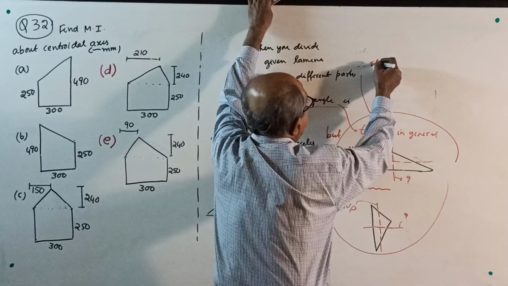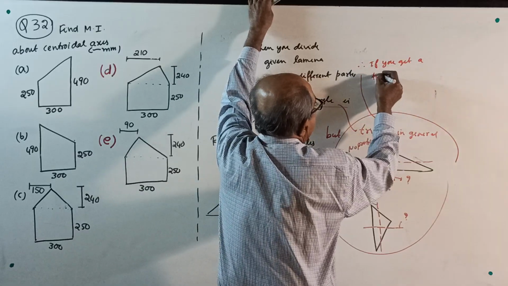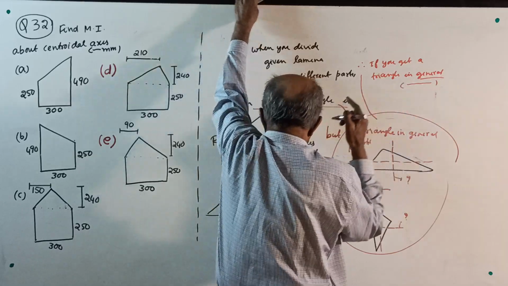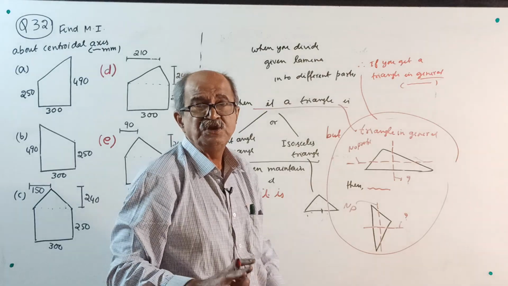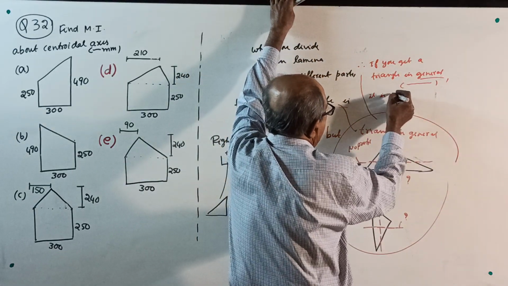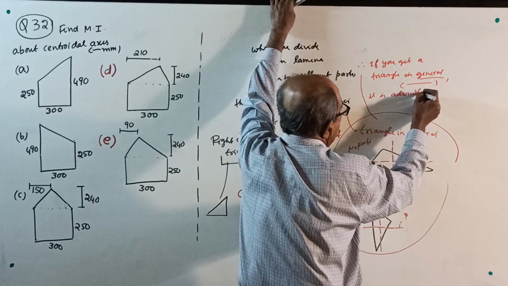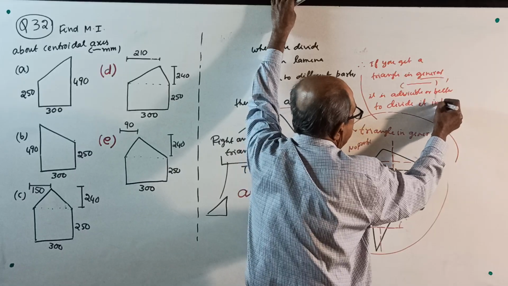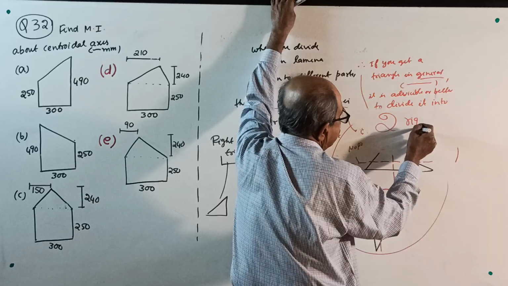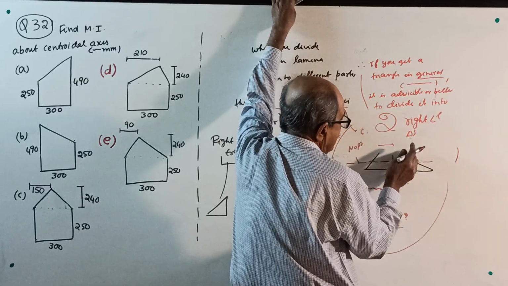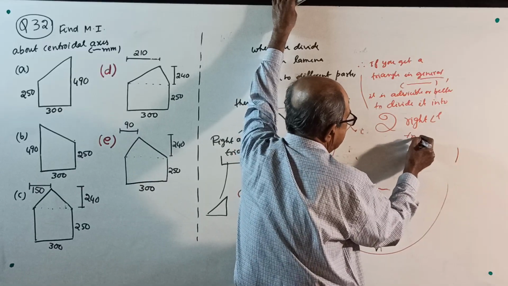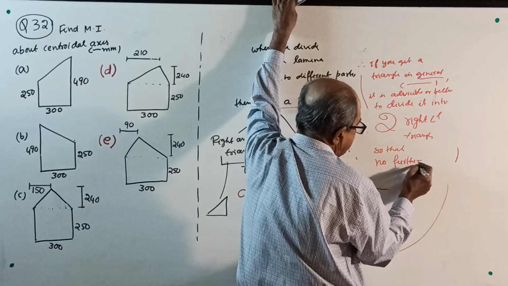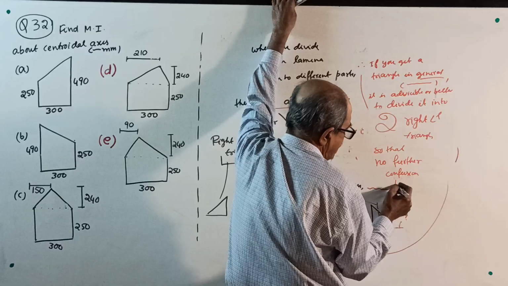Therefore, if you get a triangle, I call it in general, that is right here, not a right angle triangle and also not an isosceles triangle, then it is advisable or better to divide it into two right angle triangles, so that there is no further confusion for moment of inertia.